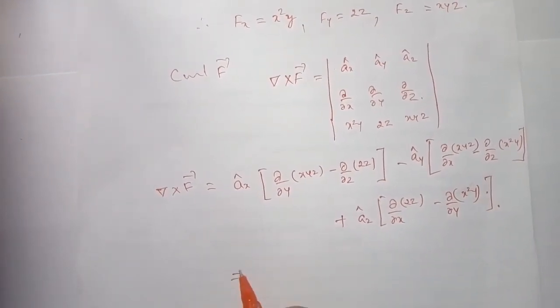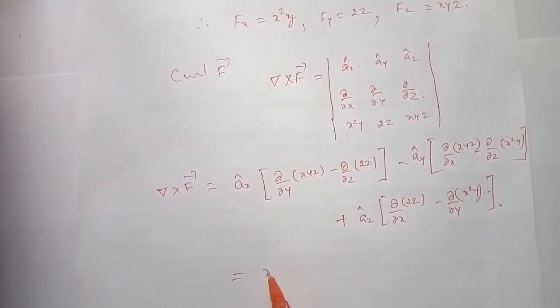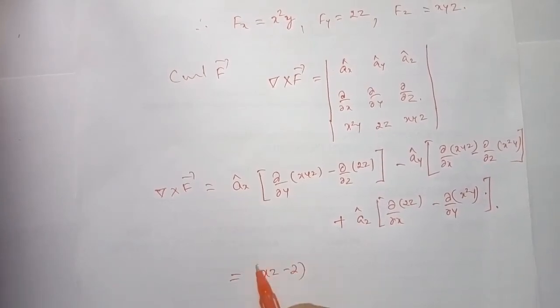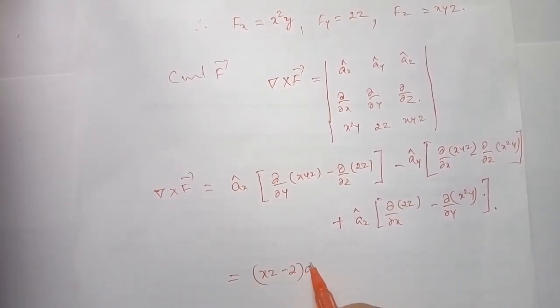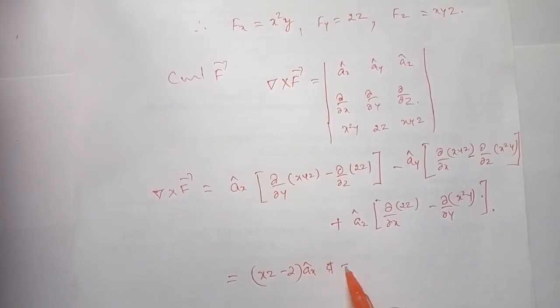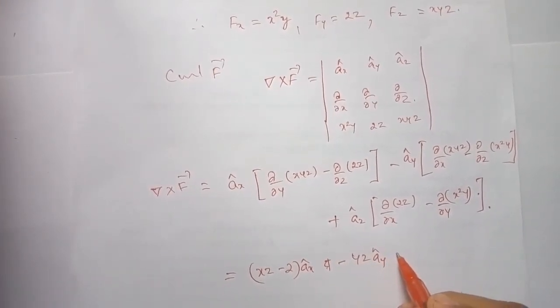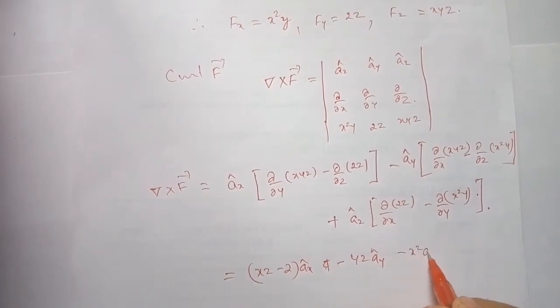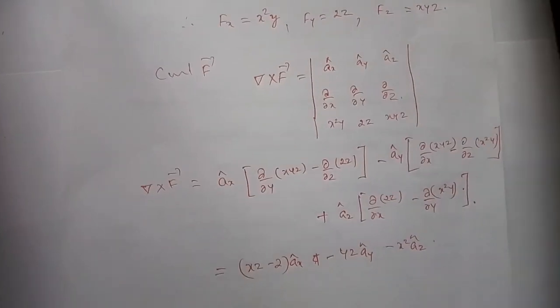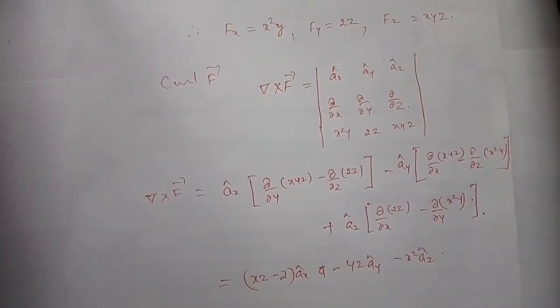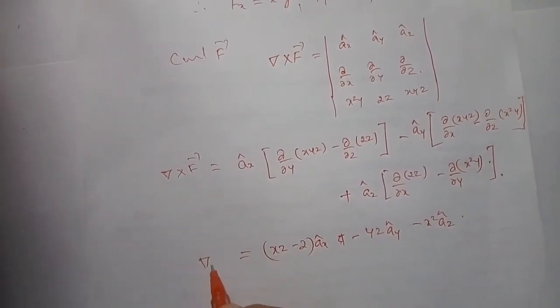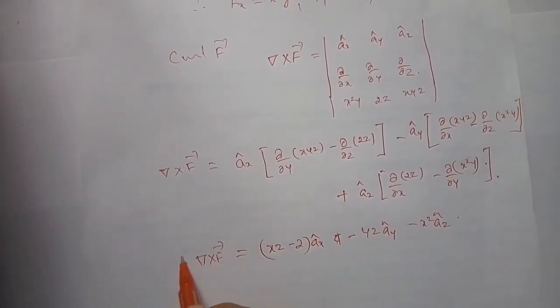So on differentiation you are left with (xz minus 2) a x cap minus yz a y cap minus x square a z cap. So this is the required answer.